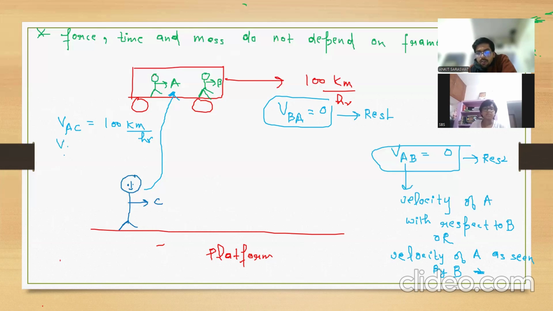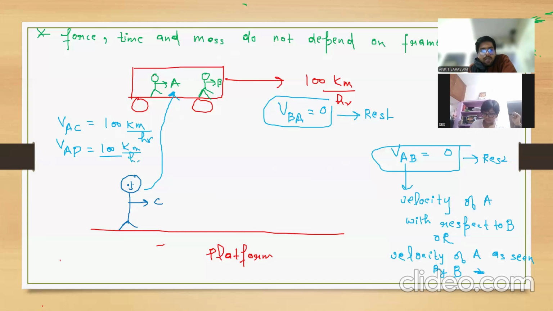So I can say velocity of A with respect to platform is also 100. Meaning is the same because C is standing on the platform. So velocity of A with respect to C is 100 kilometer per hour, or velocity of A with respect to platform is also 100 kilometer per hour. Meaning is clear? Yes, sir. Any doubt? No doubt, sir.